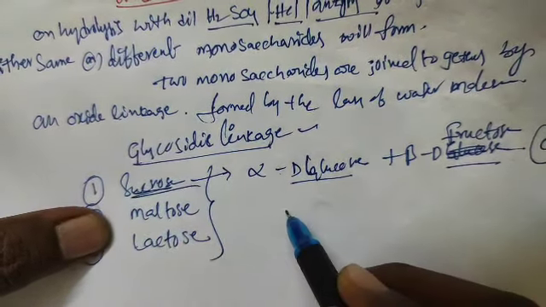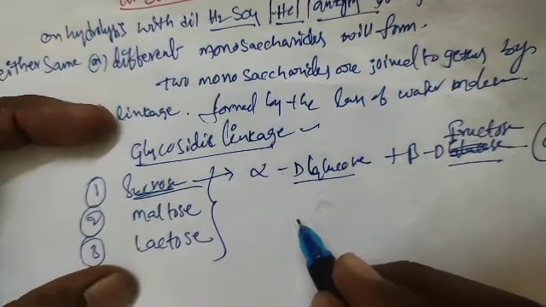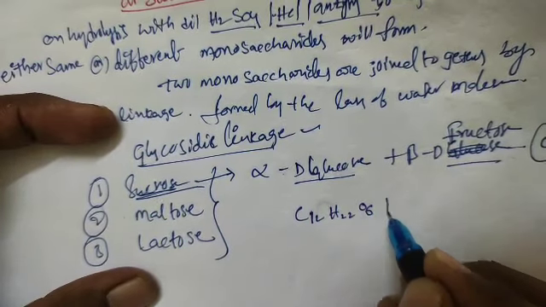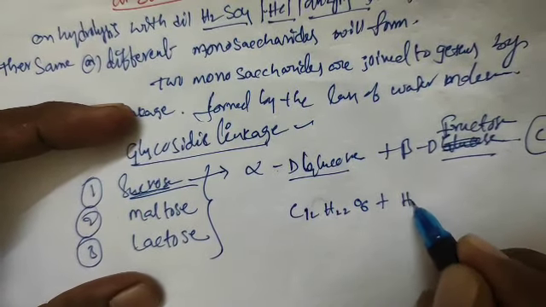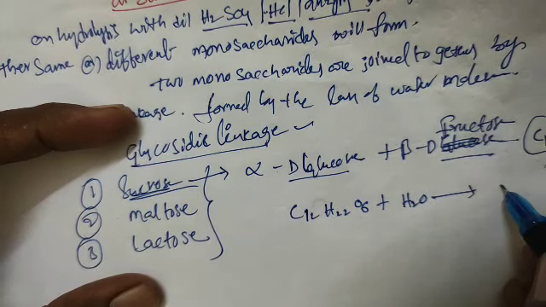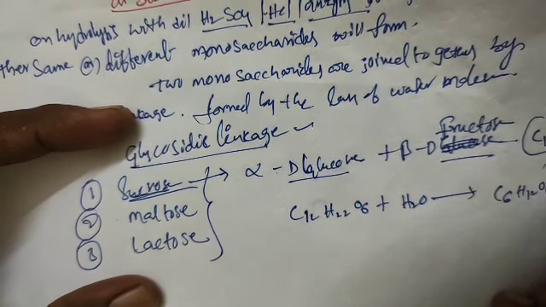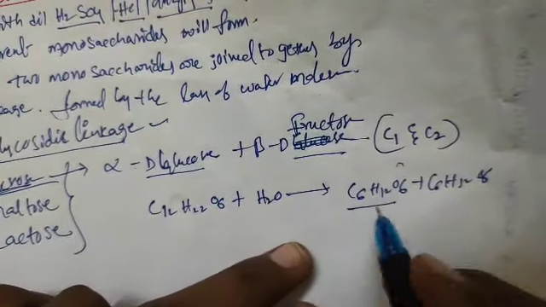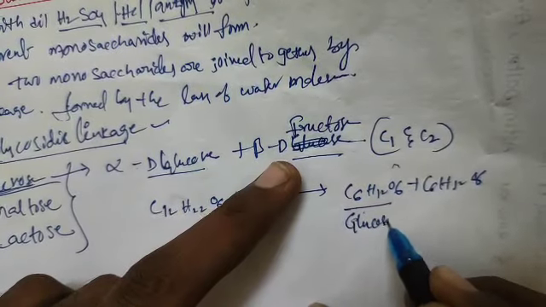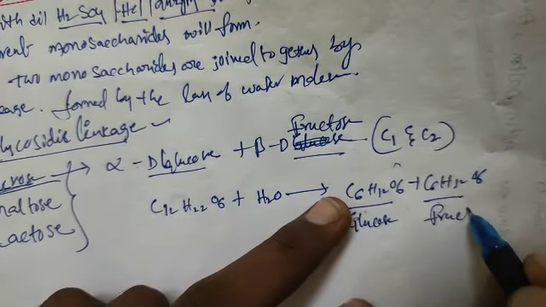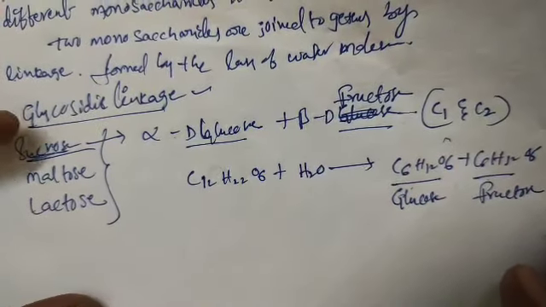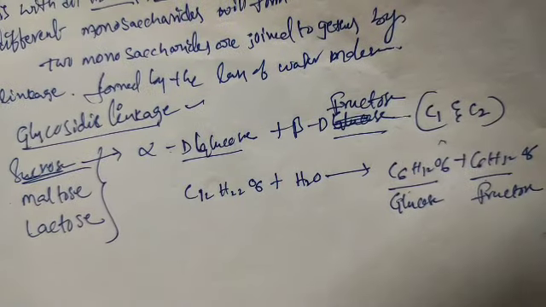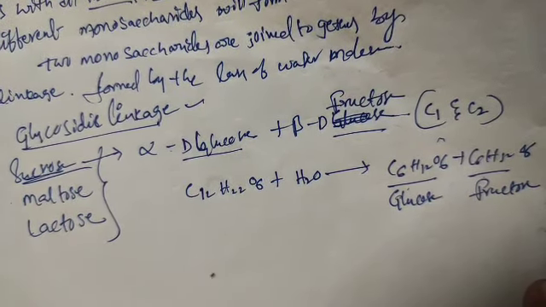About sucrose: its formula is C12H22O11. On hydrolysis with H2O we get two equimolar compounds, C6H12O6 plus C6H12O6. One is glucose, the other one is fructose. These two monosaccharides are held together with a glycosidic linkage.